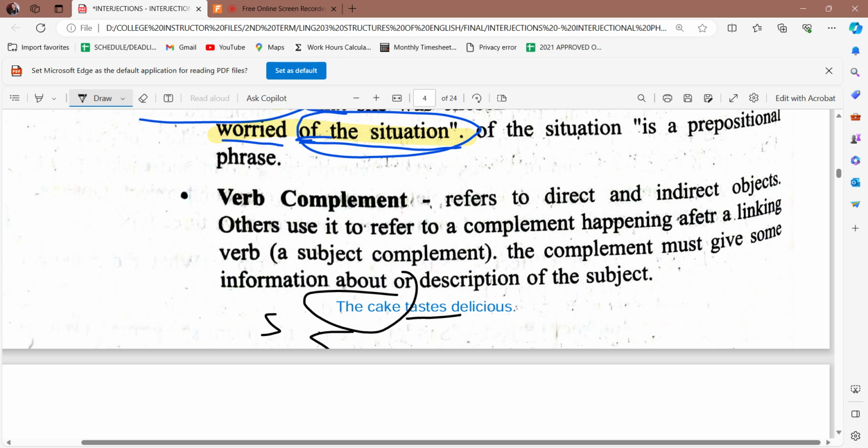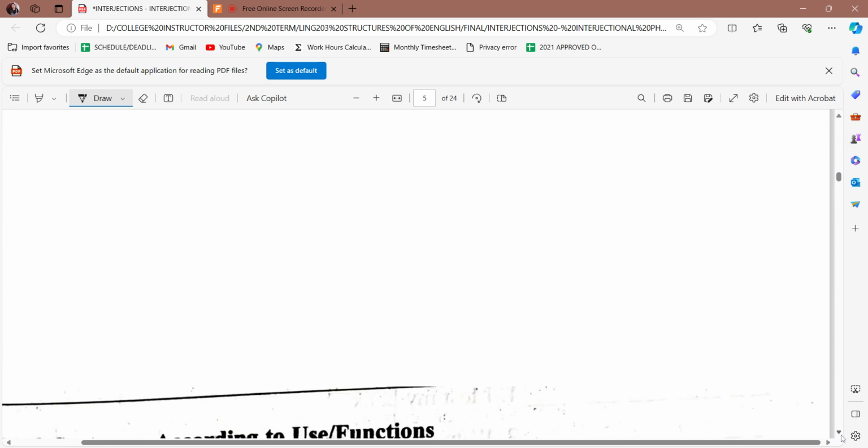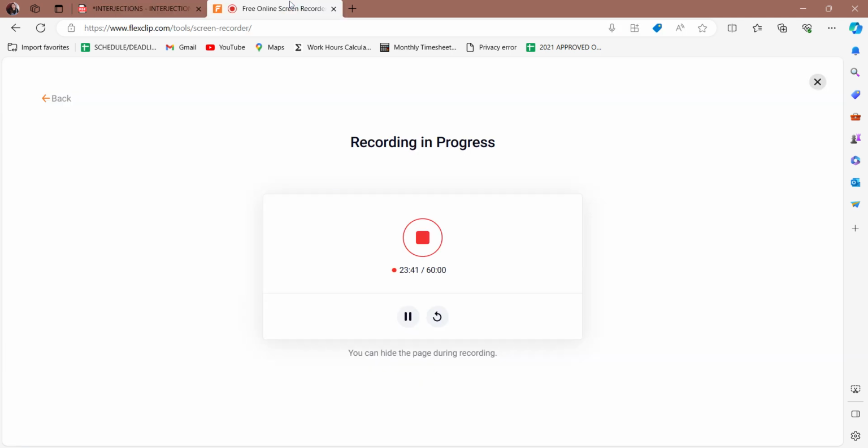So, what is it? Delicious. Therefore, the word delicious, since it happened after the linking verb, and it gives us information or details about the subject, is our verb complement. Again, the word delicious there is our verb complement. So I hope that you understand verb complement, everybody. Okay.